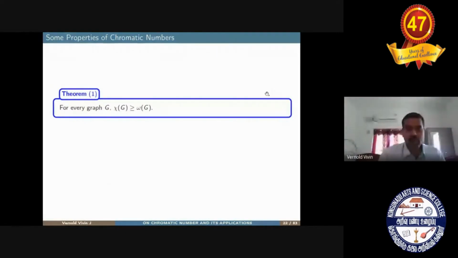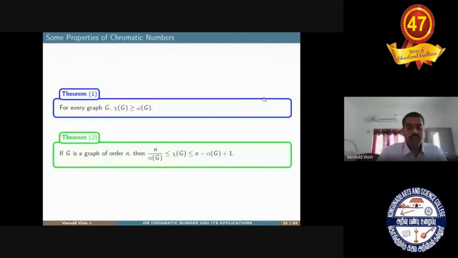Next, one more theorem: if G is a graph of order n, where n represents the number of vertices, then the chromatic number of G lies between n divided by the vertex independence number alpha of G, and n minus alpha of G plus 1.